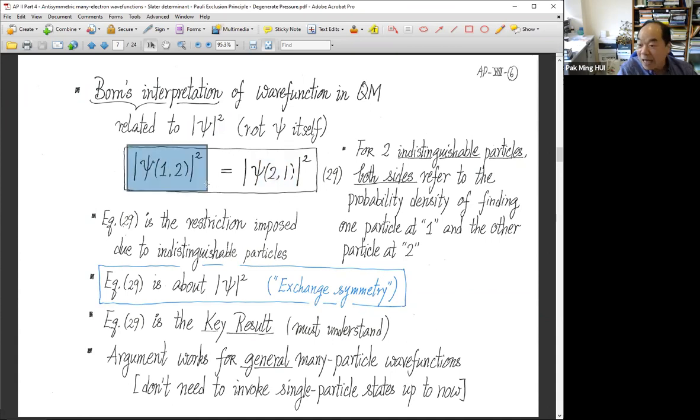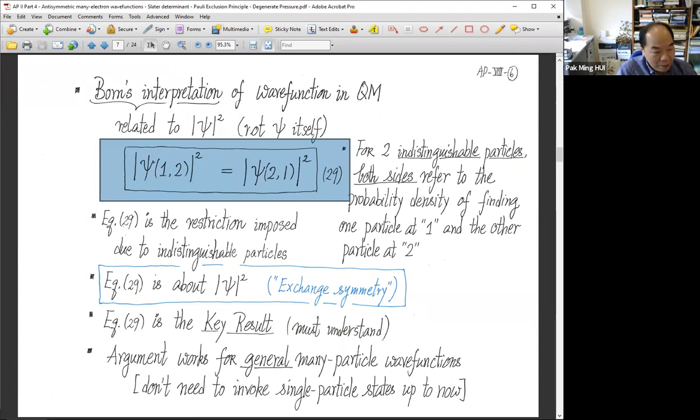Phi(R1, R2) squared, that value squared must be equal to the other value squared. Okay, so this is the physical requirement. So let me pause here to see whether you follow it up to here. Okay, up to here.